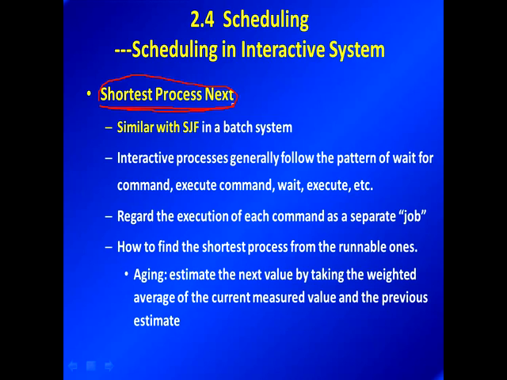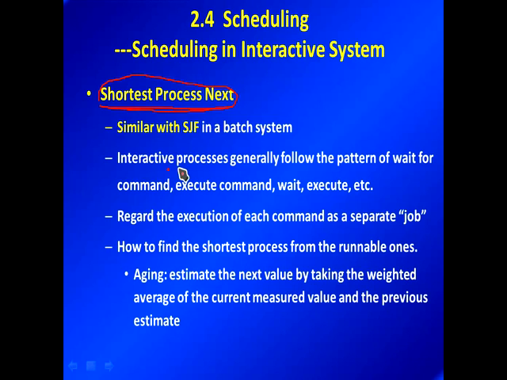But for a process in an interactive system, for example, if this process is relevant to Word, each time the user types something through the keyboard, it's just like a short job. A short job is generated by this command from the user.